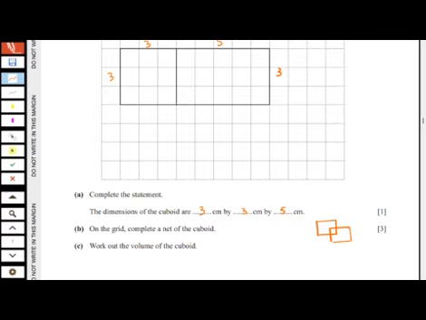This is the cuboid. This is the width, that is 5. This is the length of the cuboid, that is 3, and this is also a 3. So the base is basically 5 and 3. So we complete the cuboid.